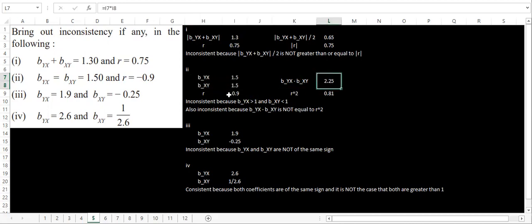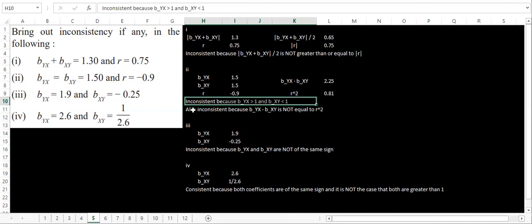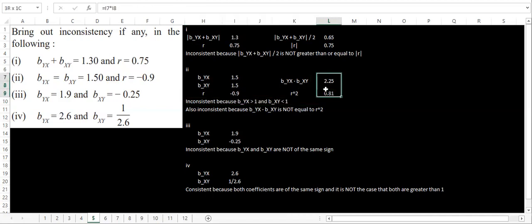If you calculate r squared from this, it comes out to be 0.81, and these two quantities don't match, because this is 2.25 and this is 0.81, and these quantities should match. So that is another inconsistency. One inconsistency is that both are greater than one, which cannot happen, and the other is that these two are not matching.